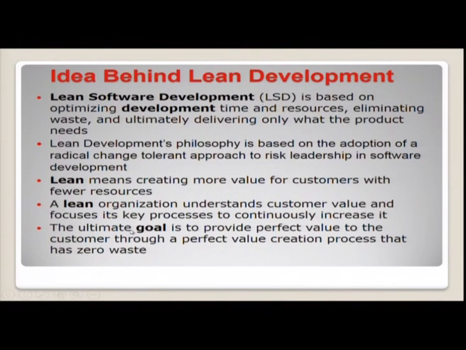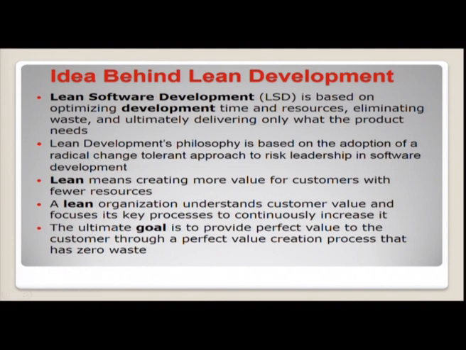Then this lean organization understands customer value and focuses its key processes to continuously increase it. The ultimate goal of using lean development is to provide perfect value to the customer through a perfect value creation process that has zero waste.